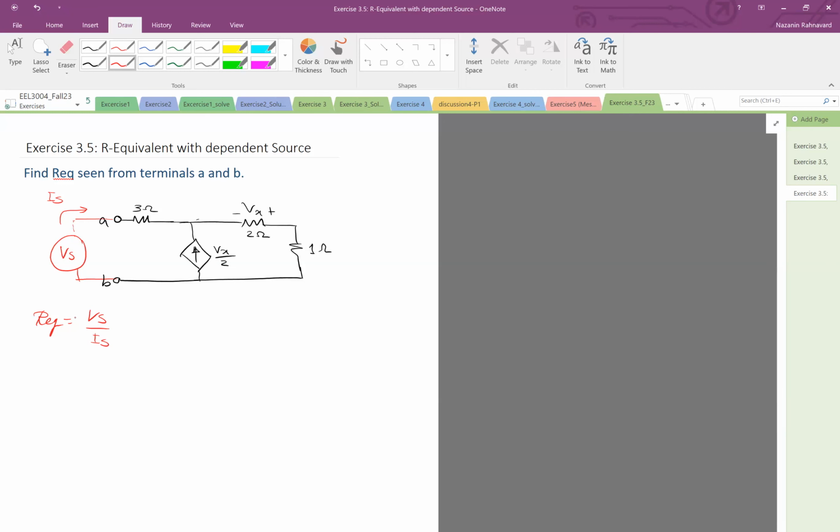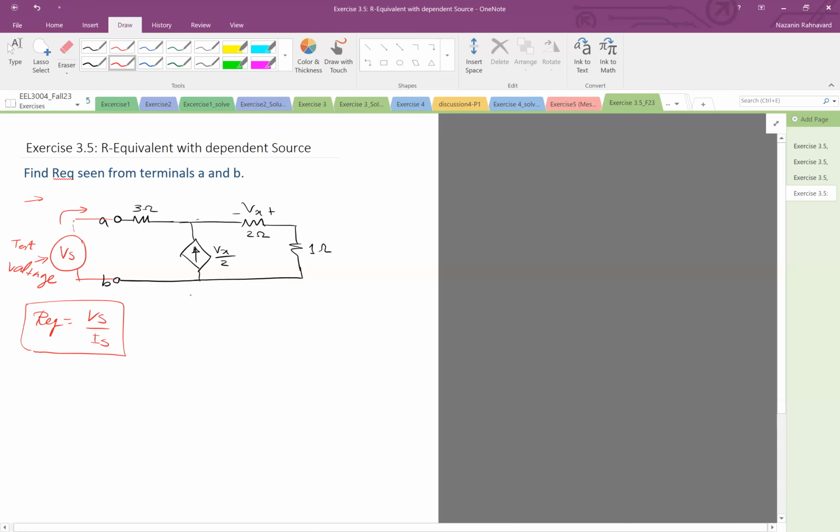You need to find R equivalent, and it's not just that you only have resistors, but you also have a dependent source. So you put a test voltage, we call this a test voltage, and then you look at the current, and R equivalent is Vs over Is.